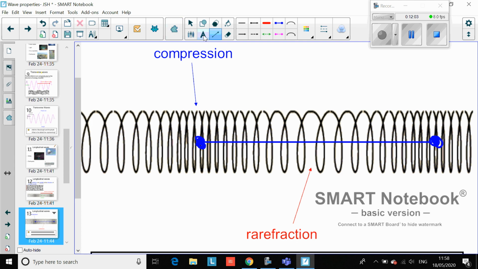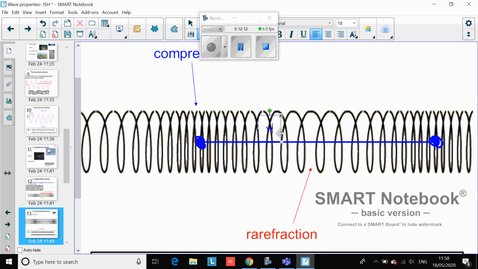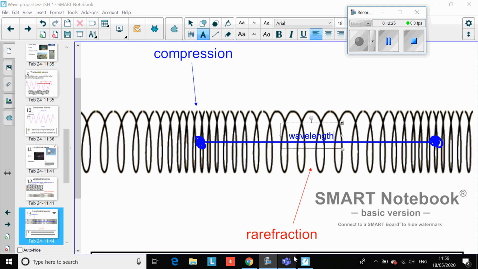So I'm actually just going to label that up for you. That is the wavelength. Just do that in blue so it's really clear for you. There we are. So once again, can you pause the video, please, and just copy that up and make sure you've got that in your book, please. Off you go.